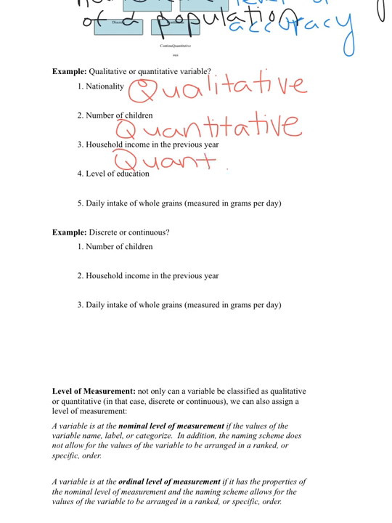Level of education, we're not talking about like first grade, second grade, third grade. Normally when we talk about level of education, like on an application, it's normally high school, a degree, a bachelor's, a master's, PhD, et cetera, et cetera. So those are all words. So we're going to say that that's a qualitative variable. And then finally, daily intake of whole grains. That would be quantitative.